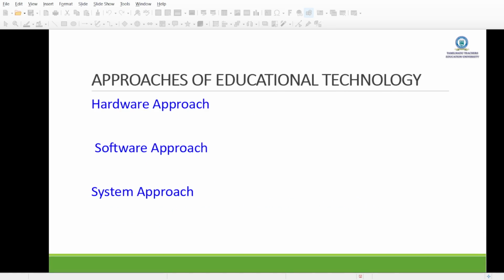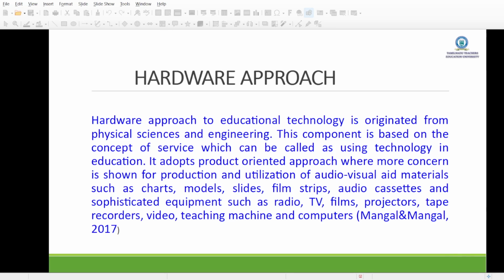And what are the approaches of education technology? There are three approaches of education technology: hardware approach, software approach, and system approach. First, let us discuss the hardware approach. The hardware approach to education technology originated from physical sciences and engineering. This component is based on the concept of service, which can be called using technology in education.